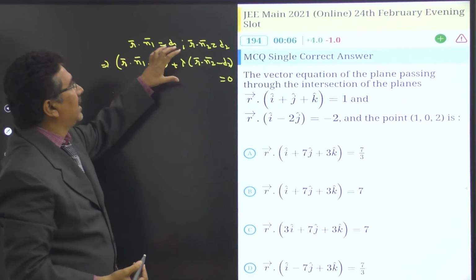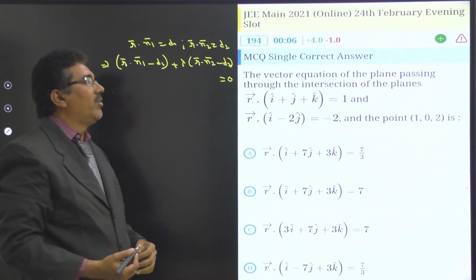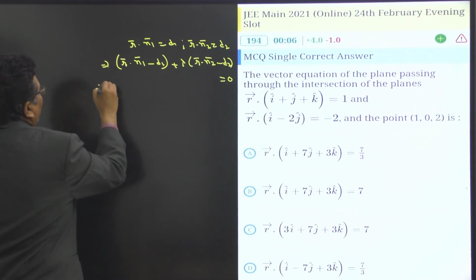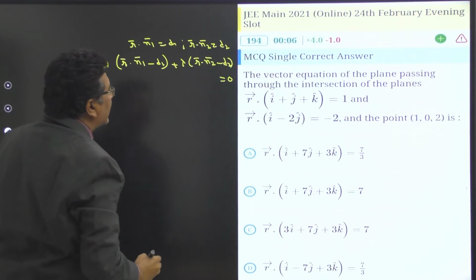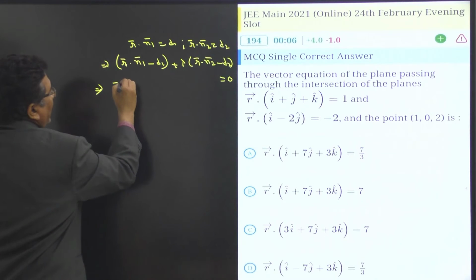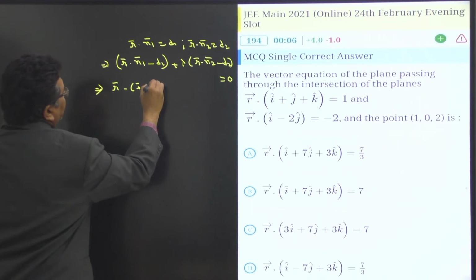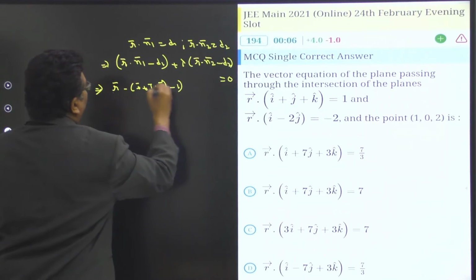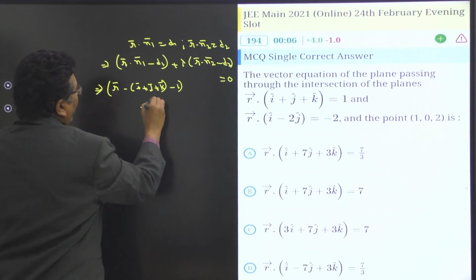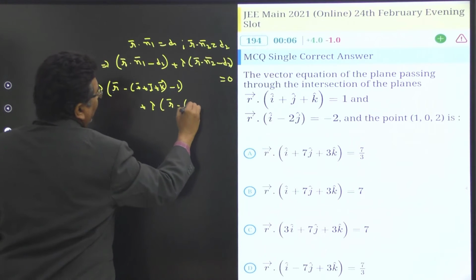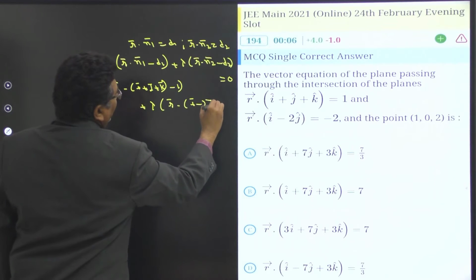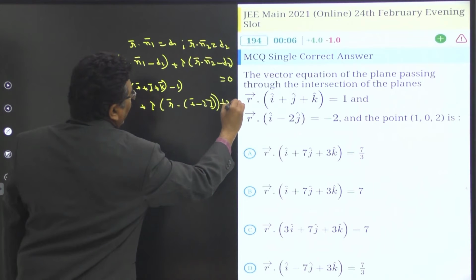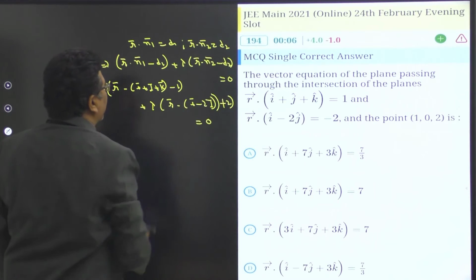Given that this plane passes through the point 1 comma 0 comma 2. Now that implies R bar dot N1 bar minus D1, R bar dot I bar plus j bar plus k bar minus 1, plus lambda into R bar dot I bar minus 2j bar plus 2, is equal to 0.